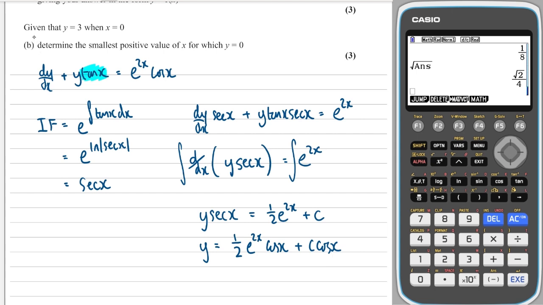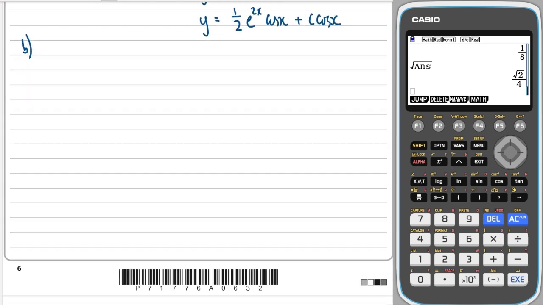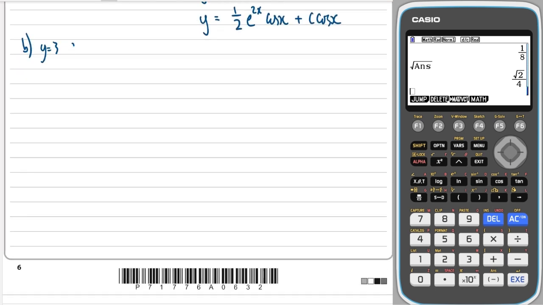Okay, next part says, given that y equals 3 and x equals 0, determine the smallest positive value of x for which y equals 0. Right, so we can use these conditions here to work out our c value. So subbing in y equals 3, x equals 0.